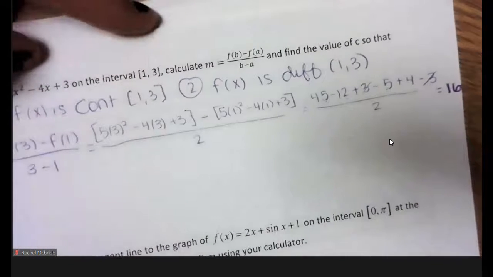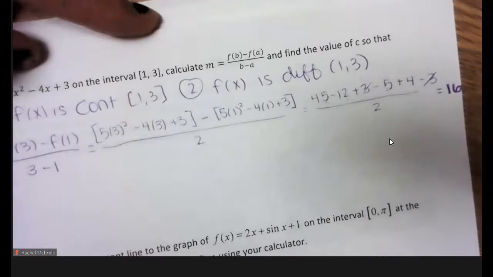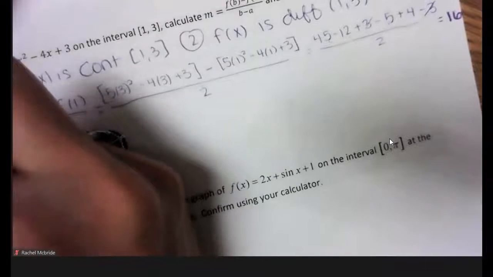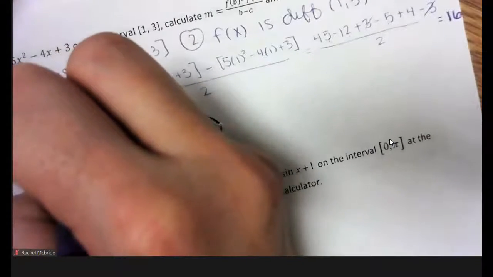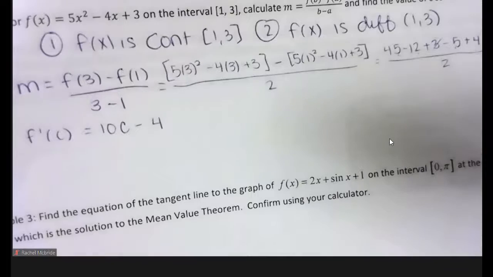Is everybody okay with that so far? The next part then is to find your derivative. So in order to find our derivative, we have to find f prime of c, which is 10c minus 4.